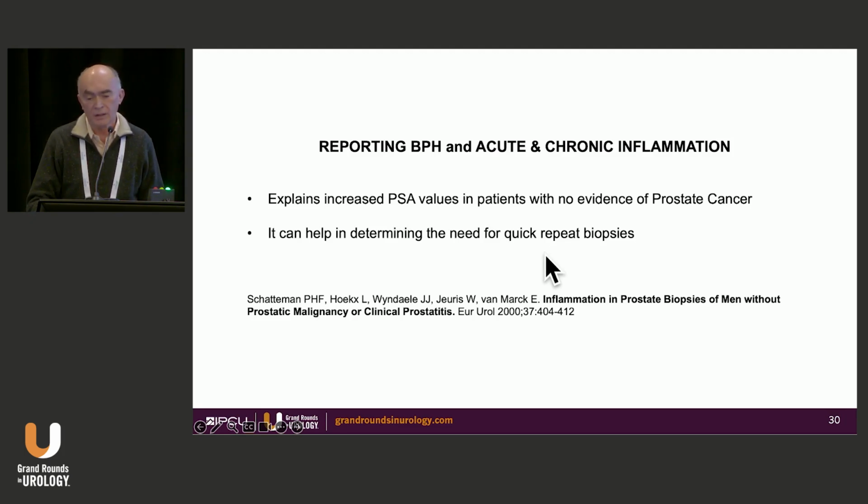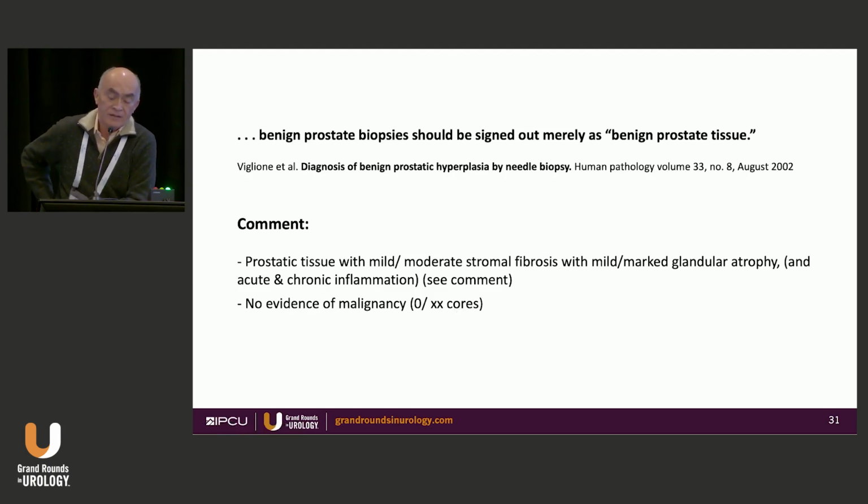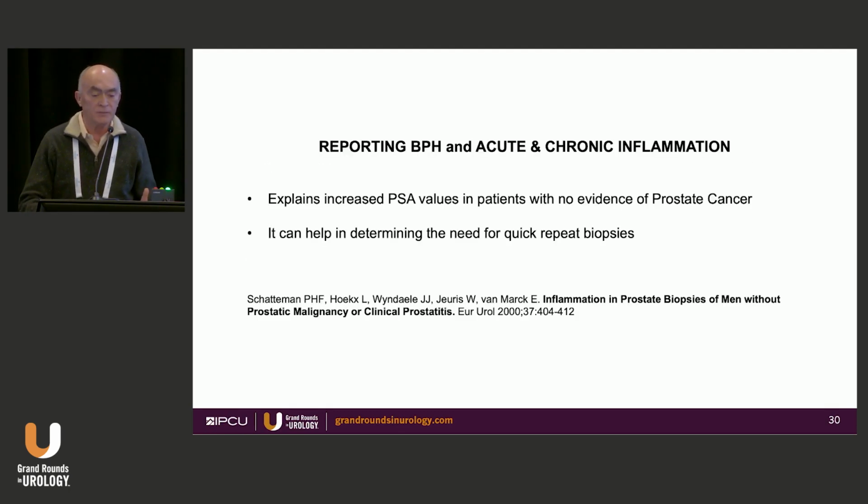Then benign prostatic hyperplasia, which is basically one of the common problems, can be associated.